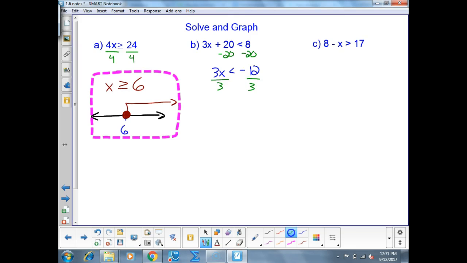Do I need to flip my sign? No, because I'm dividing by a positive number. Yes, the number that I'm dividing into is negative, but I'm dividing by a positive number. So that sign does not have to flip. So that still is x is less than negative 4.